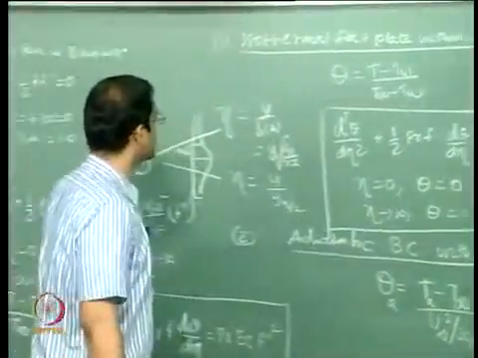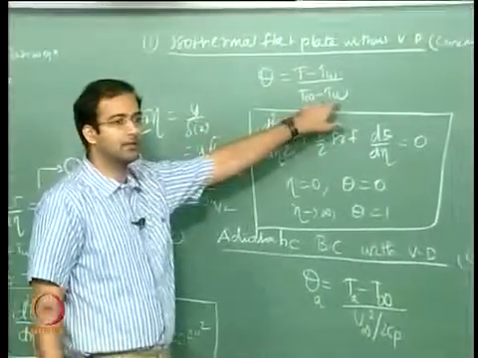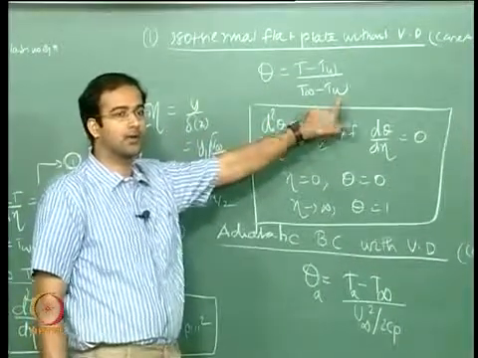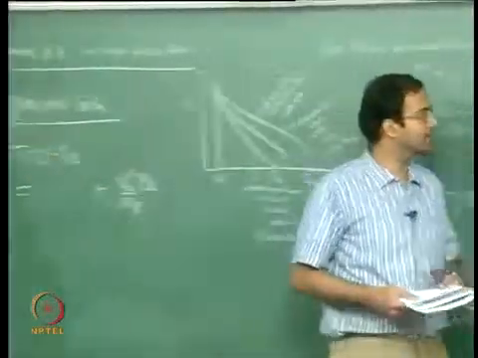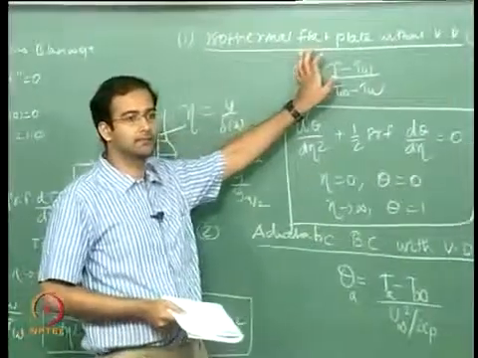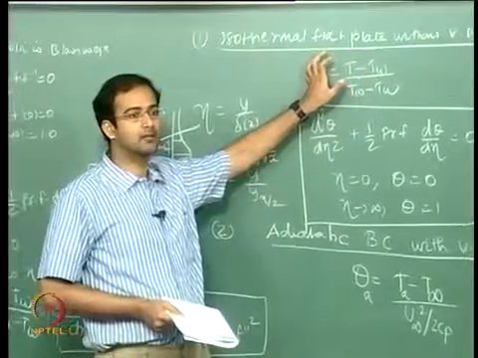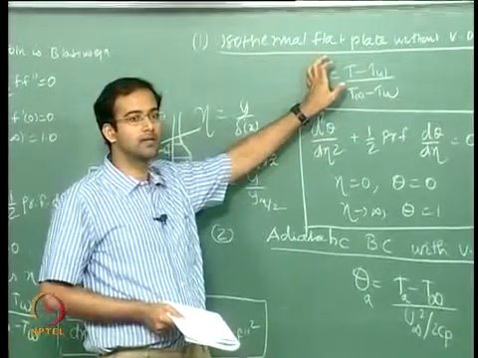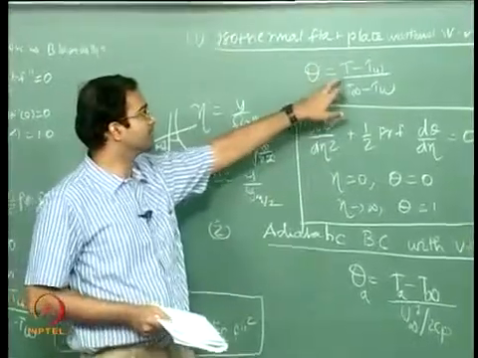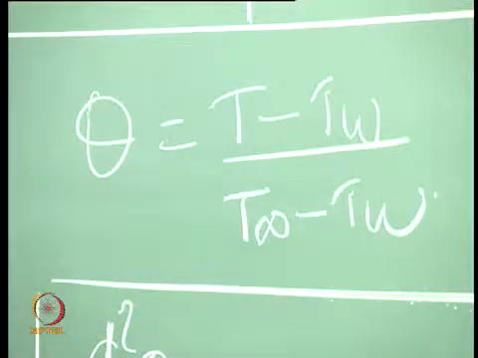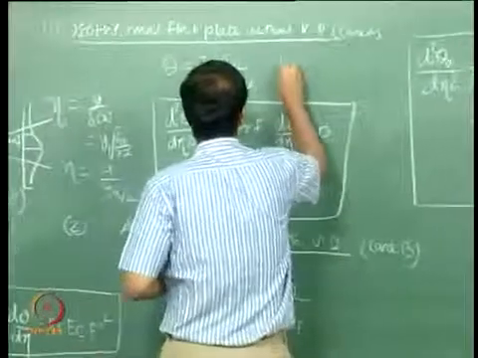Now here I have defined theta as T minus T wall by T infinity minus T wall. So if I want to get to the form of T minus T infinity, then I will say this is 1 minus theta into T infinity minus T wall. 1 minus theta will be what?